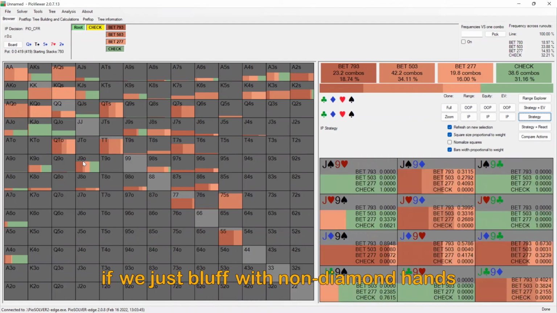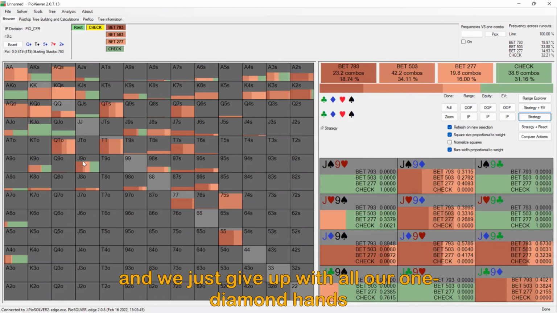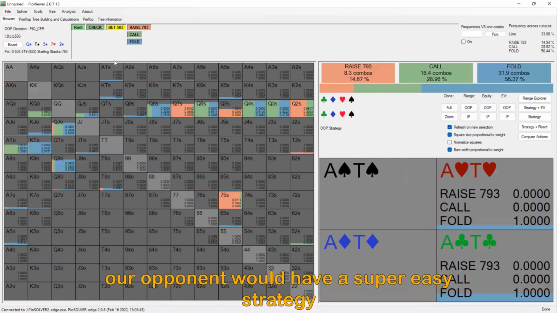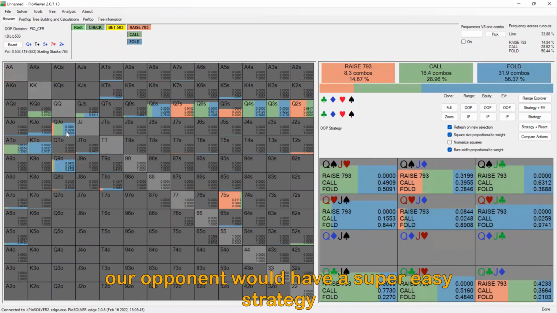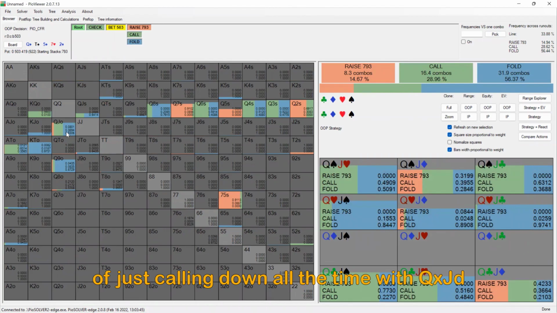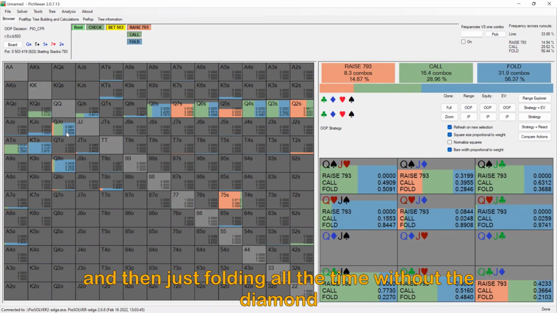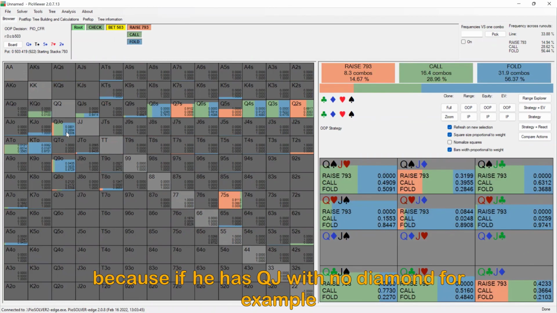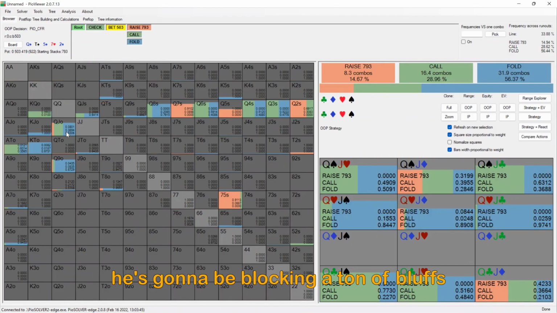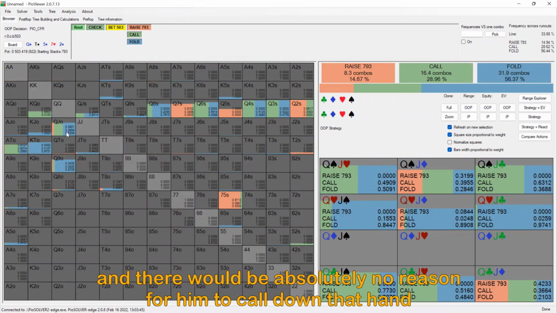Say we bluff with non-diamond hands and give up with all of our one diamond hands. Our opponent would have a super easy strategy of calling down all the time with queen jack with a diamond and then folding all the time without the diamond, because if he has queen jack with no diamond, he's blocking a ton of bluffs, right? And there'd be absolutely no reason for him to call down that hand.